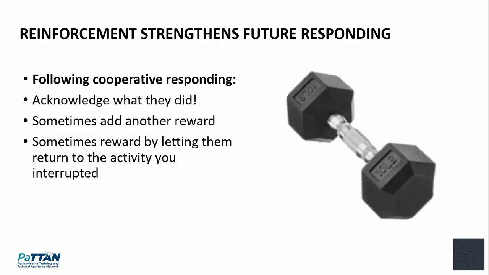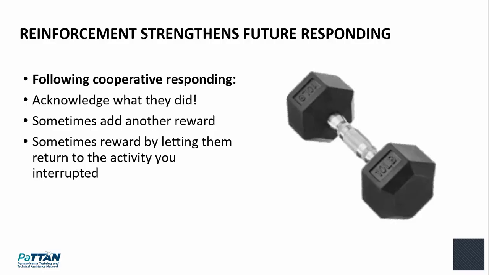Okay, if your child is readily stopping one activity, then you want to keep this response strong. It's a lot easier to teach them to make smooth transitions when they stay cooperative with giving up. And the way that you're going to maintain their responding is to reward it sometimes.